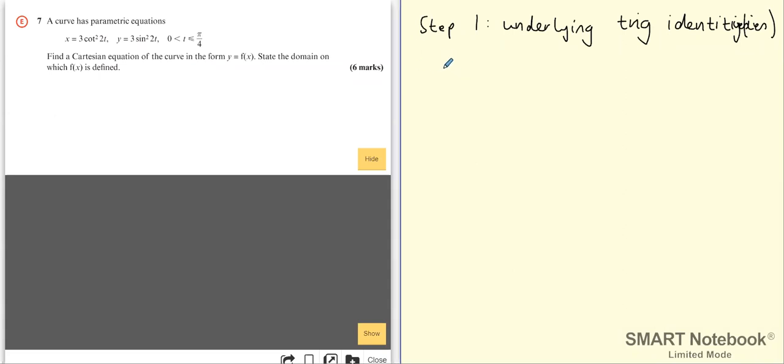I can do x over 3 equals cot squared 2t. And then I can do y over 3 equals sine squared 2t. I now need to find a relationship between cot squared and sine squared. And actually, there's only one relationship really that I know about cot squared. Can you please tell me what trig identity do we know about cot squared t?